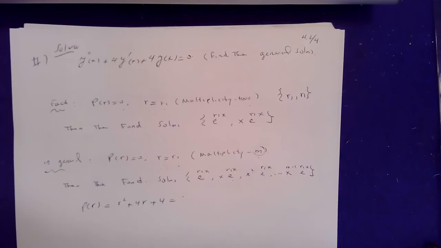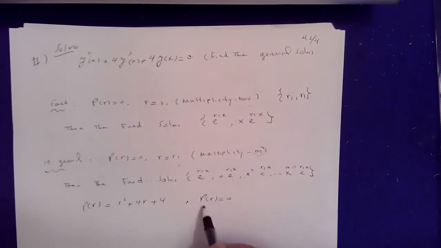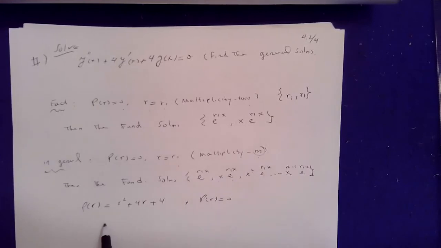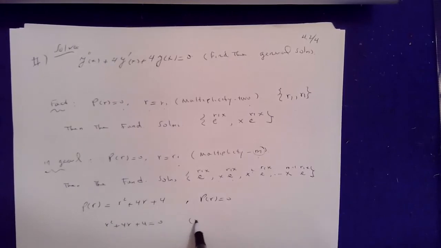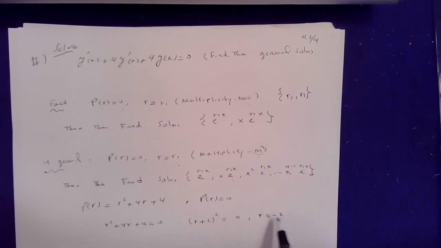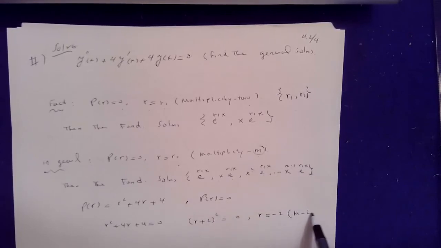Pretend you're replacing y double prime with r squared, y prime with r, and the y with 1, a constant. So if I set P of r equal to 0, I get r squared plus 4r plus 4 equals 0, which means (r plus 2) squared equals 0, which means r is equal to -2 with multiplicity 2.